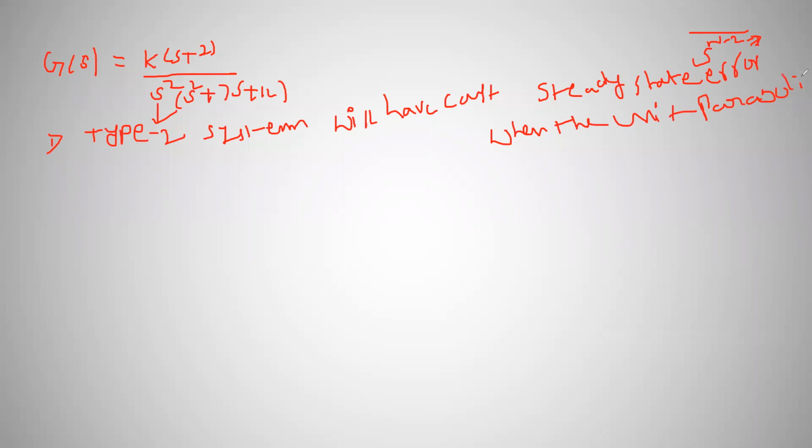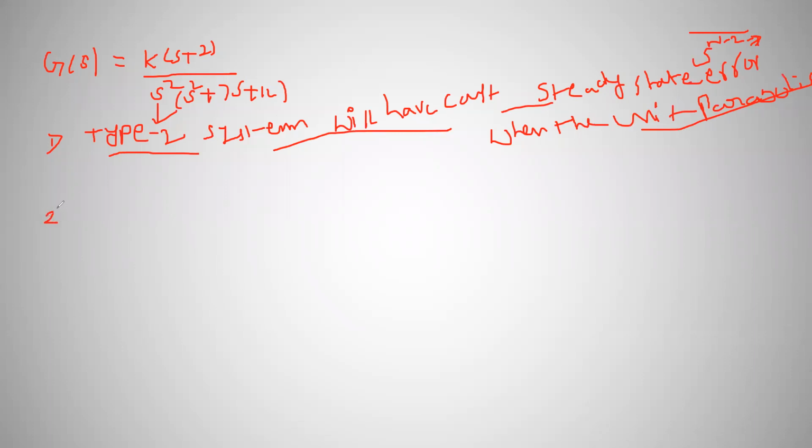So for the unit parabolic signal input, the type 2 system will have constant steady state error. Okay, first point is completed.